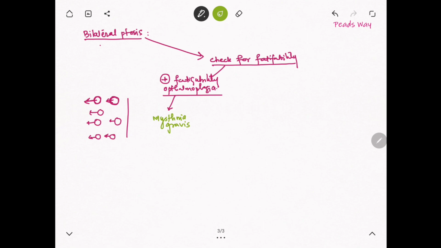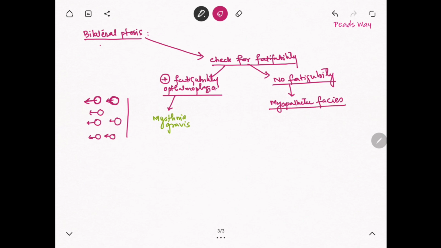It's very simple. And if you find that there is no fatigability, next you look for myopathic facies.